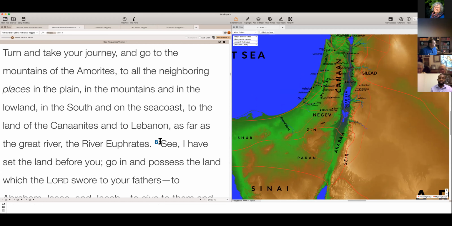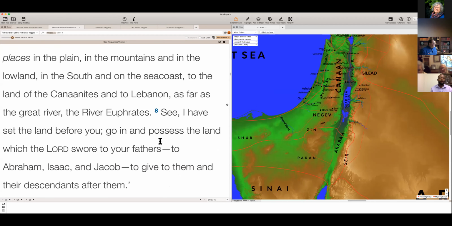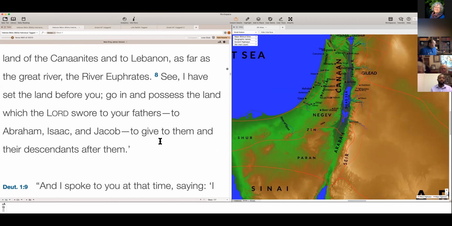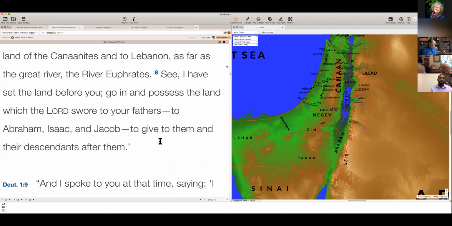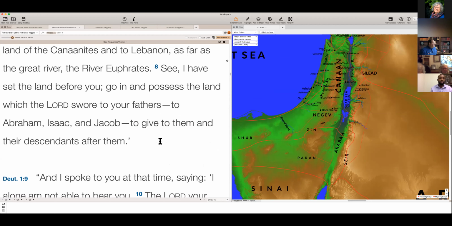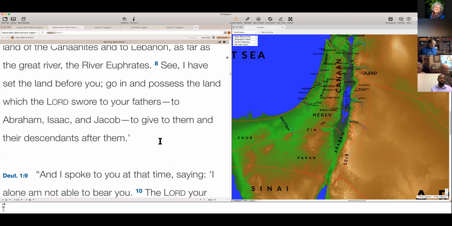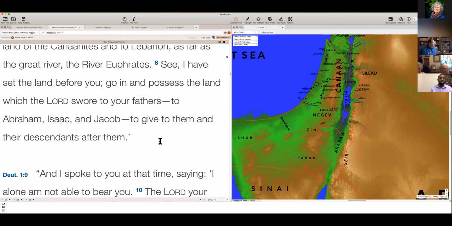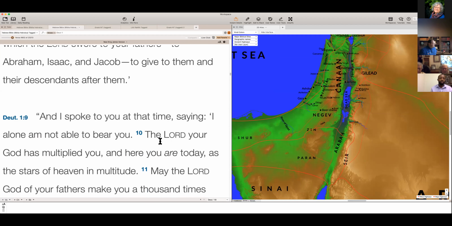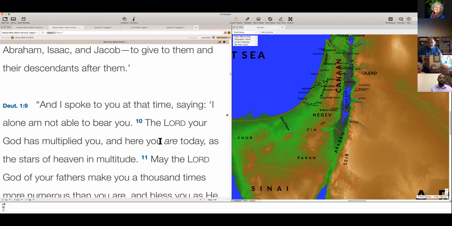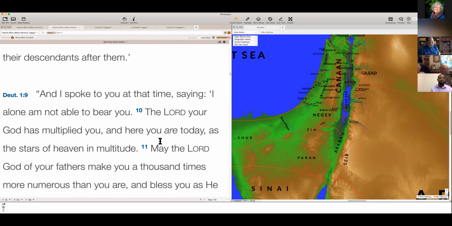So, see, I have set the land before you. Go in and possess the land that the Lord swore to your fathers, Abraham, Isaac, and Jacob, to give to them and their descendants after them. Okay. So it's pretty clear, straightforward. Go and possess.